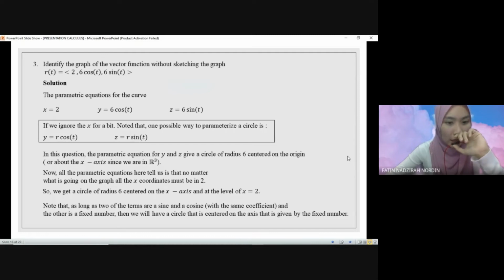Note that as long as two of the terms are a sine and a cosine, in this case y equal to 6 cos t and z equal to 6 sin t, and the other is a fixed number, here x equal to 2, then we will have a circle that is centered on the axis given by the fixed number.